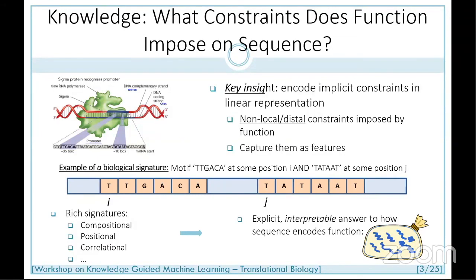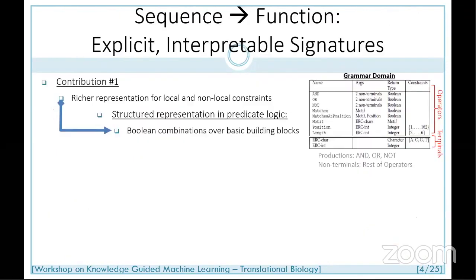So our idea was to have a representation of a promoter region in terms of a bag of biological signatures in it, these features that would be able to discriminate it from other non-promoter regions. So we would have a very interpretable answer to how this sequence encodes being a promoter, encodes function. So we used a lot of ideas from predicate logic, from grammar, to build these richer representations of both local and non-local constraints.